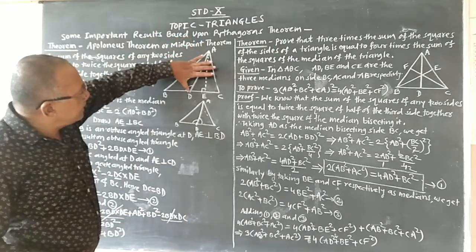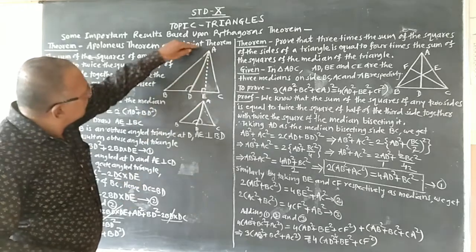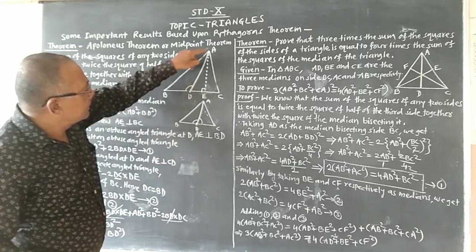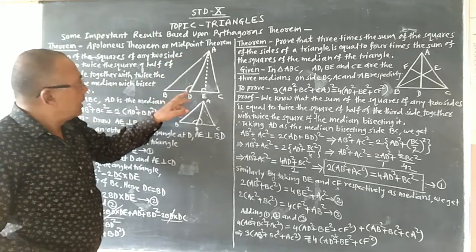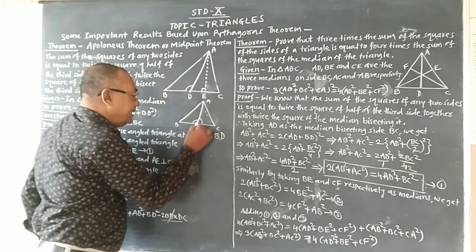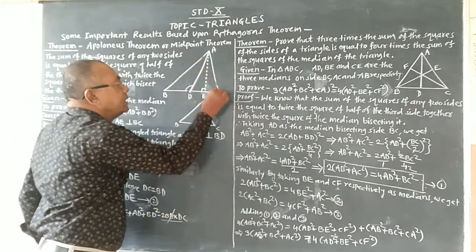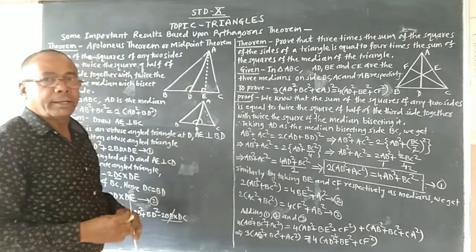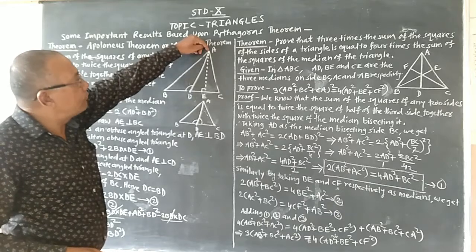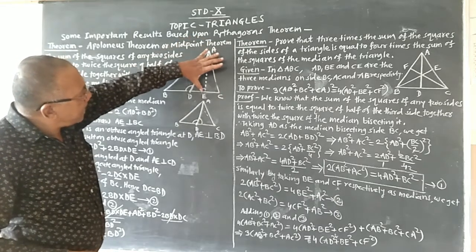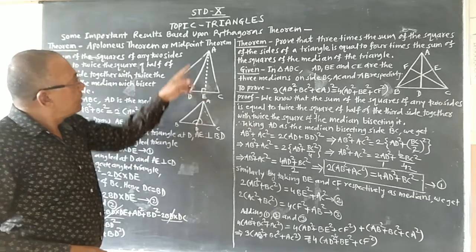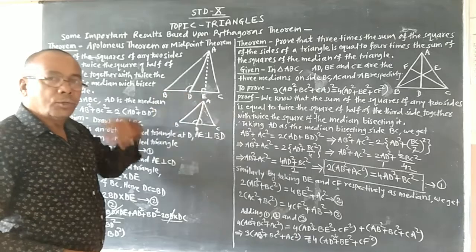Here AD is a median, and due to this median ADB is obtuse angle triangle, while the other triangle, that is ADC, is an acute angle triangle. And now through point A or vertex A, draw AE perpendicular to BC.